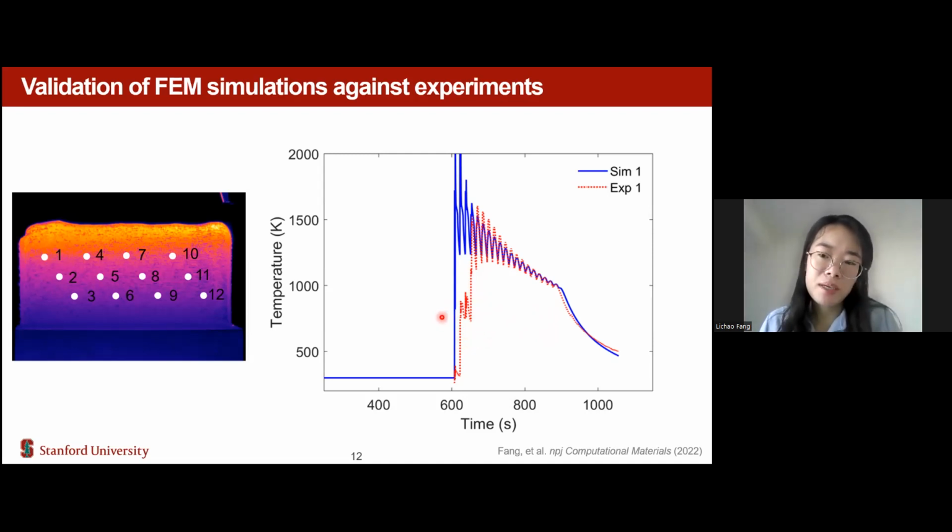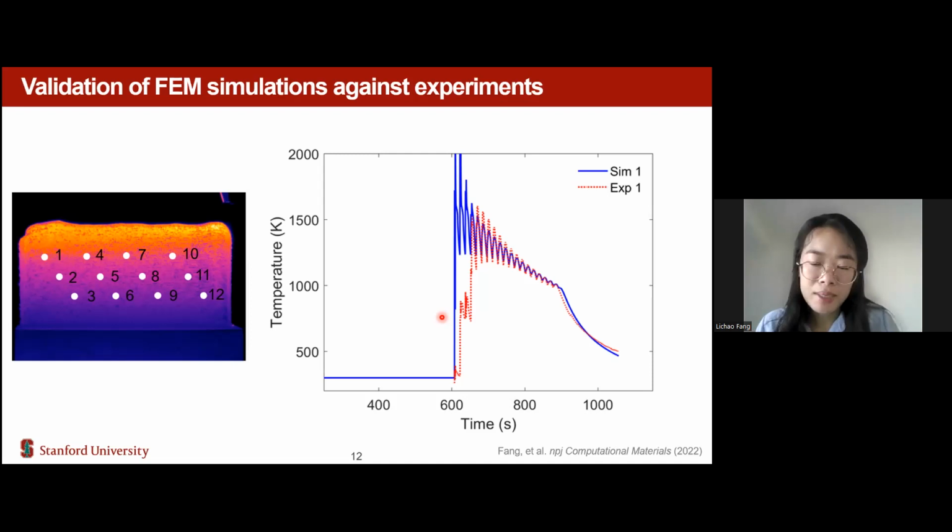That is because the IR camera only measures the intensity instead of temperature, and the intensity of the liquid state is much lower than the solid state. That is why the measured data is very low in the melted area, although the temperature in that area is actually pretty high.